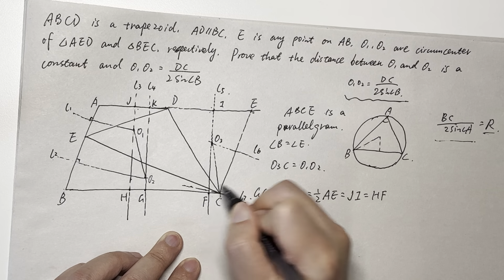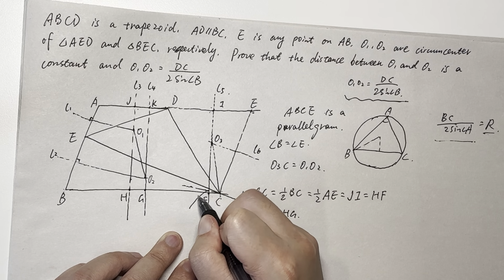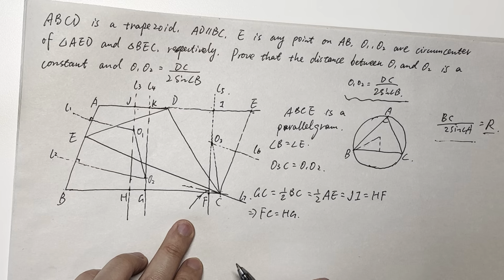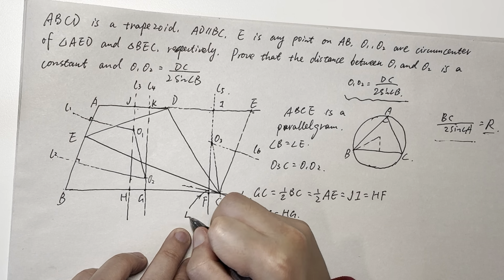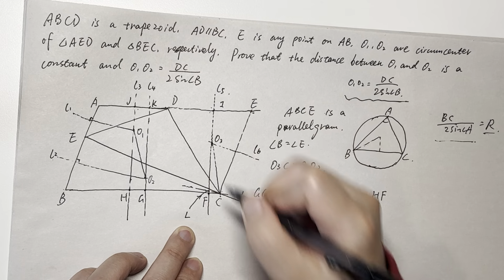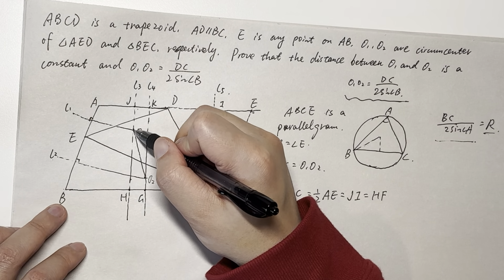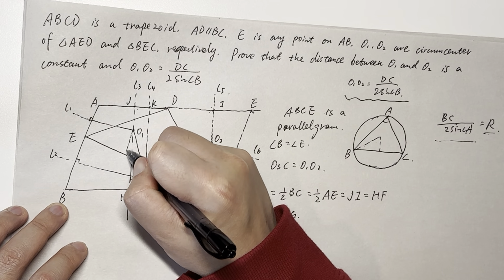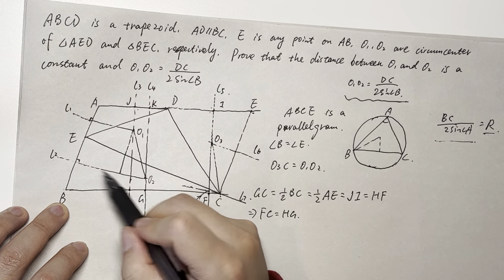So this point, let's call it L, right? That's this point on the parallel line. And from O1, we do the projection from O1 to L2.